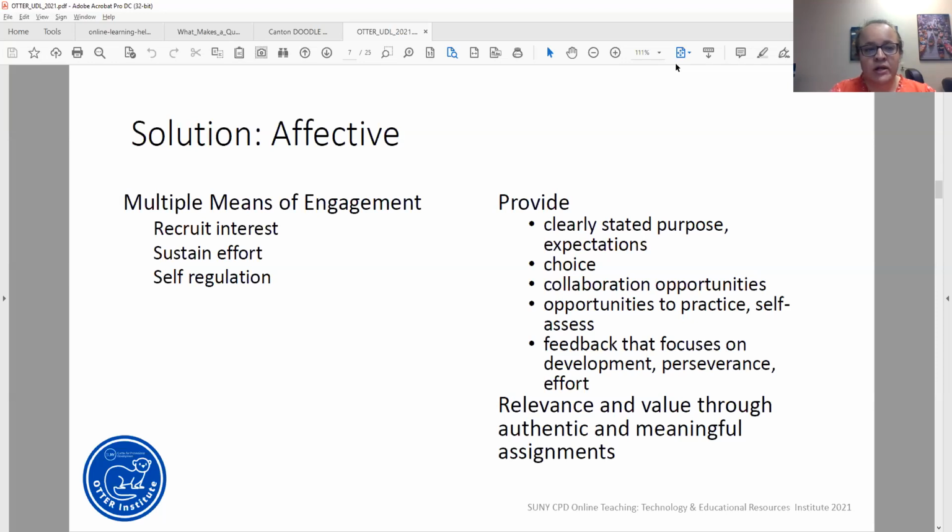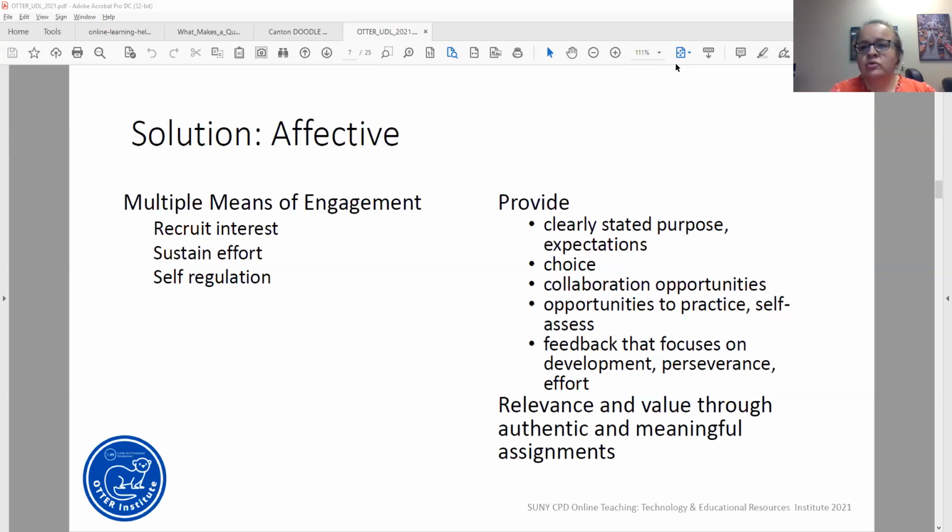So the practical strategies to address this particular core concept of providing multiple means of engagement are to be very clear with expectations, and also to be clear about where we are going with this learning. If you don't clearly state the purpose, some of the students might not be able to infer it from your content.